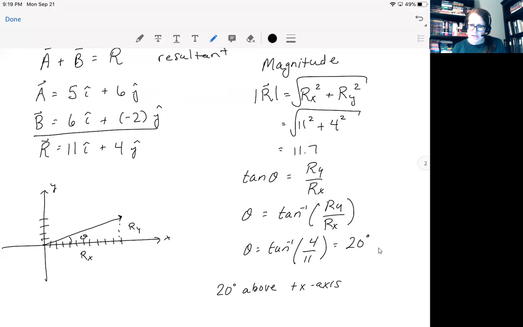If you're actually looking at the original vectors that we started with, vector A and vector B, you can also do something called the graphical method or the tip to tail method.